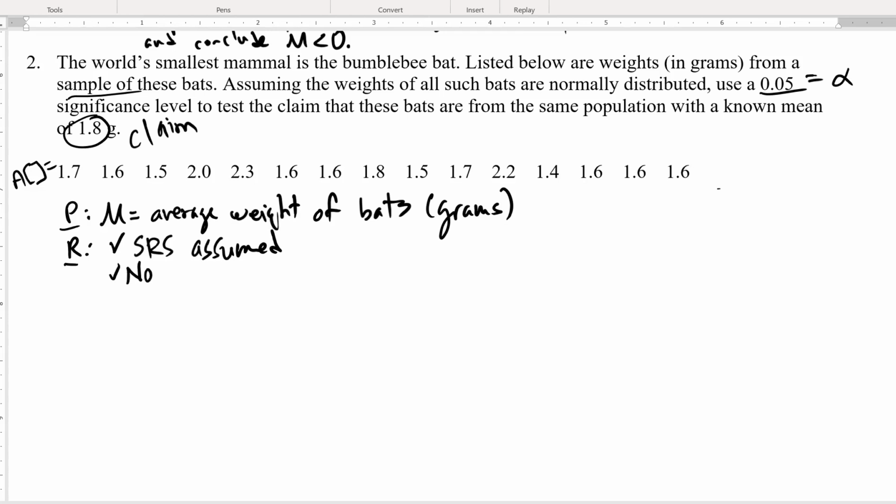How do we get normality? Well, unfortunately, what? There's 3, 6, 9, 12, 15 bats here. So I don't know the central limit theorem. N equals 15. Uh-oh, that's not greater than 30, right?